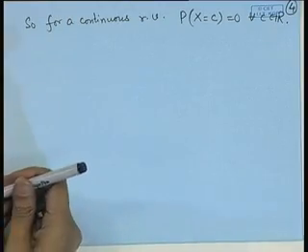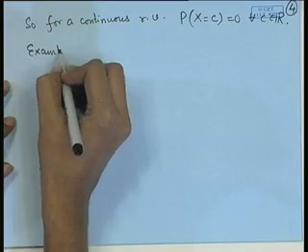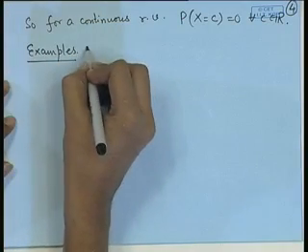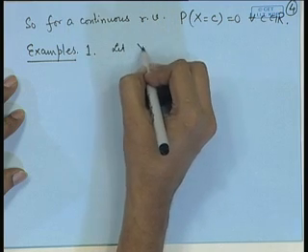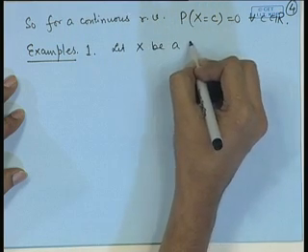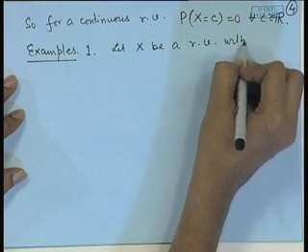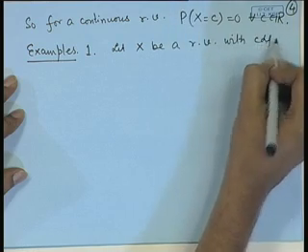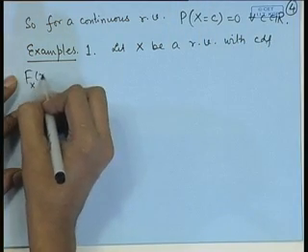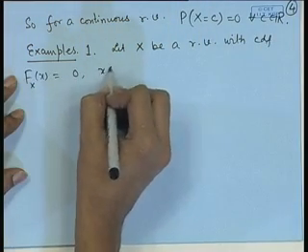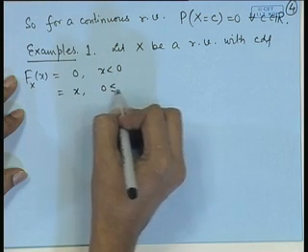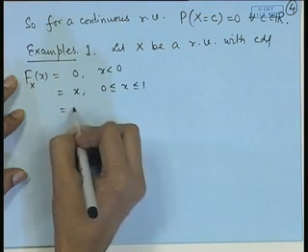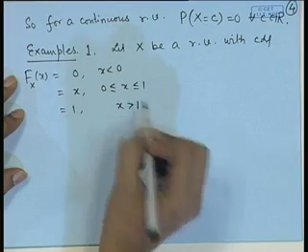Let us consider some examples here. Let X be a random variable with CDF F(x) equal to 0 for x less than 0, equal to x for 0 less than or equal to x less than or equal to 1, and 1 for x greater than 1.